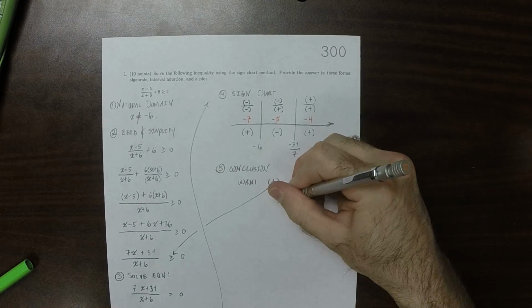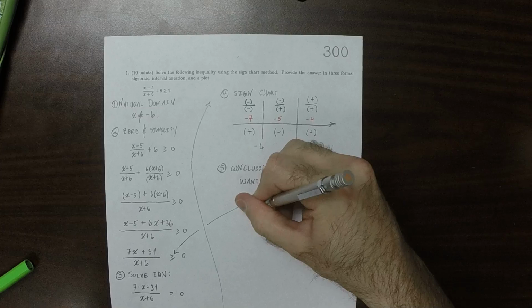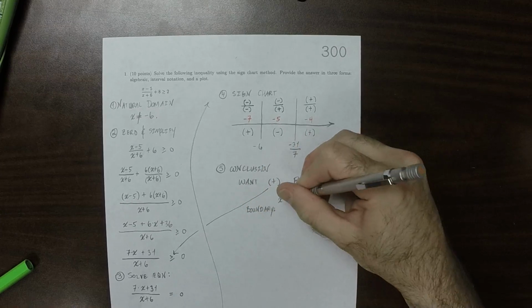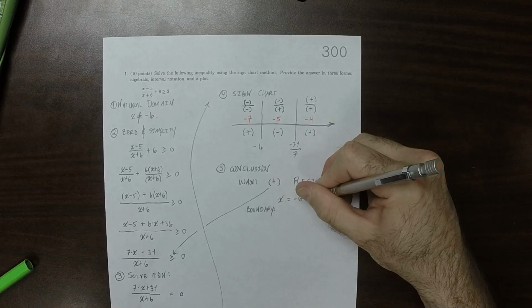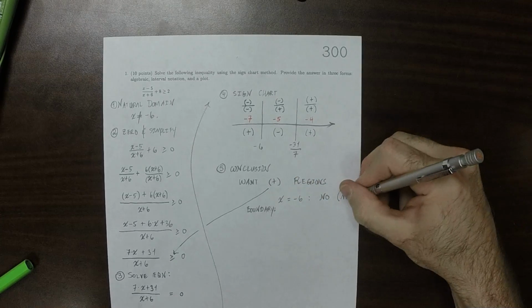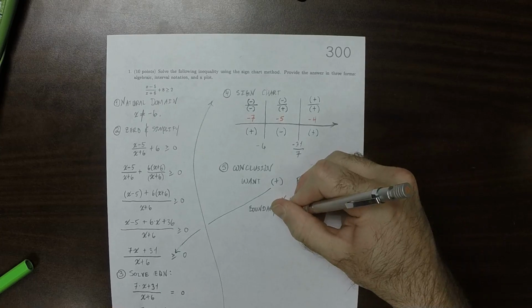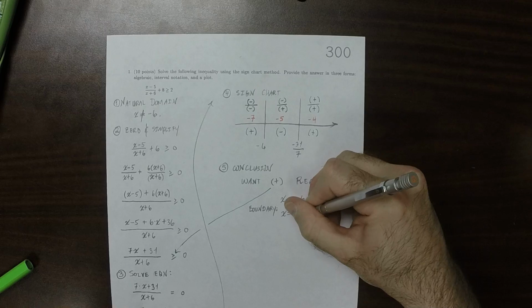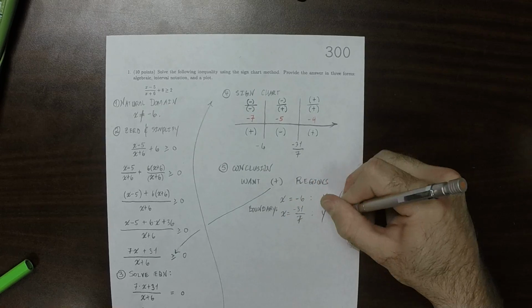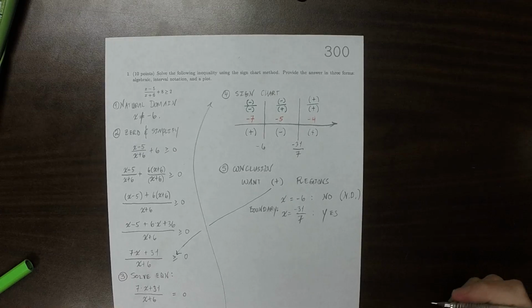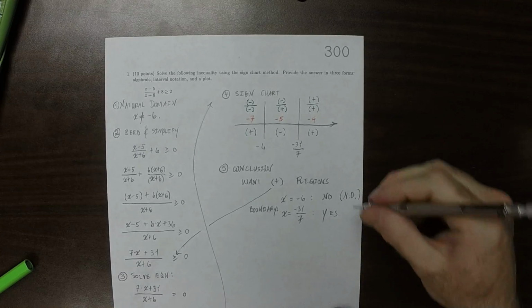So as for the boundaries, x equal to negative 6, no, because it's not part of the natural domain. And for the boundary x equal negative 31 over 7, yes. In the end, the reason why yes is because it says greater or equal.